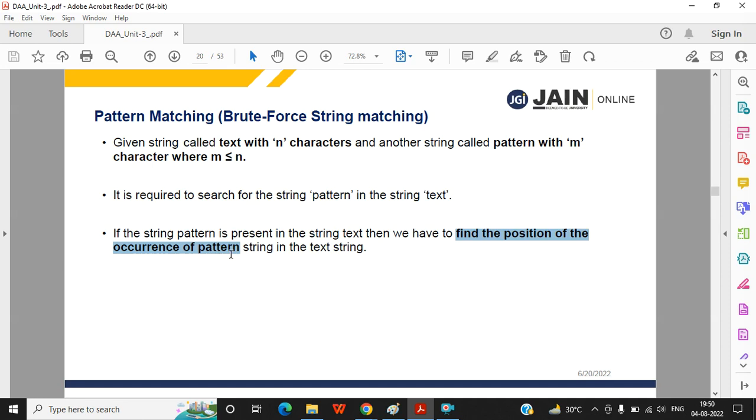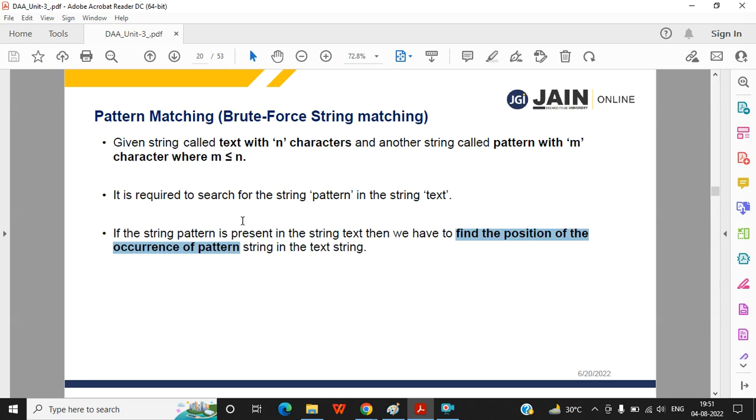You have to find a substring inside another string, and if it is found inside that bigger string, then you have to return the position.